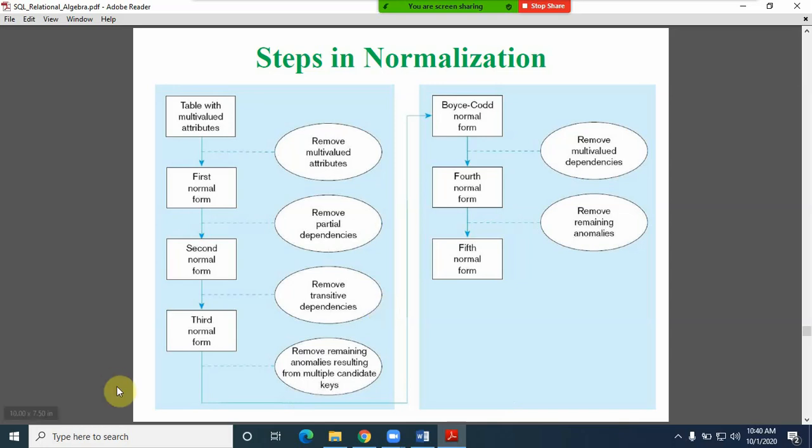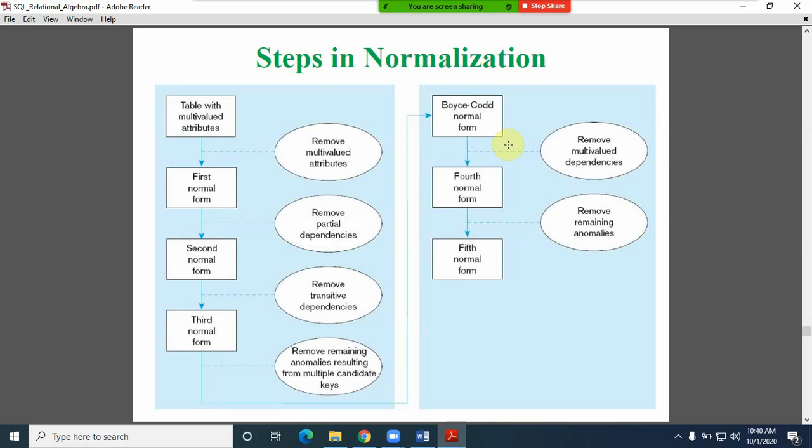And once the third normal form is achieved, one more normal form is there, friends, which strengthens the third normal form. It is not a separate normal form, but BCNF, Boyce-Codd normal form, can be treated as a stronger form of the third normal form. To add some strength to the existing normal form, I can take the Boyce-Codd normal form.